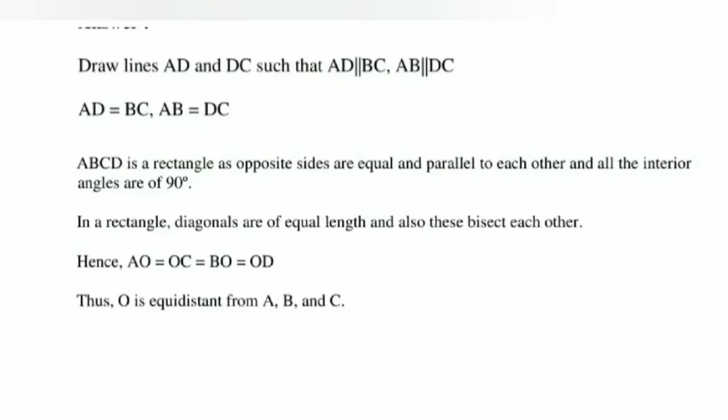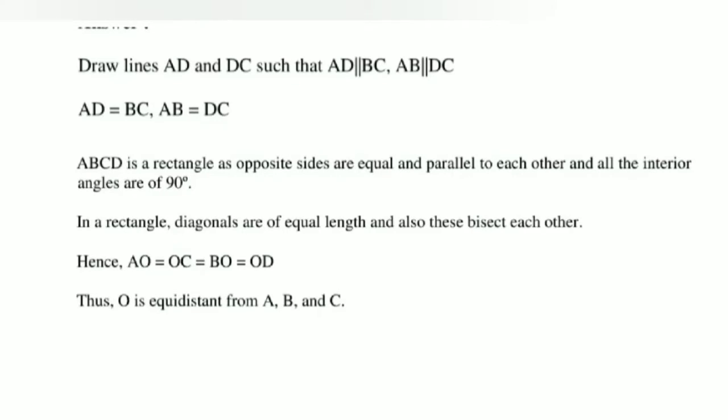See the solution. First, draw lines AD and DC such that AD is parallel to BC and AB is parallel to DC. Now AD is equal to BC and AB is equal to DC because these are the opposite sides.